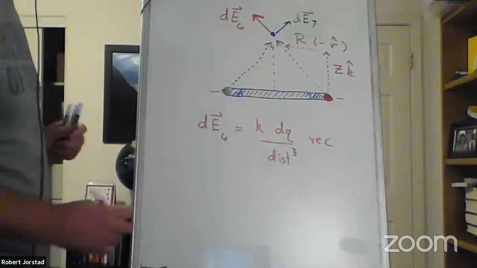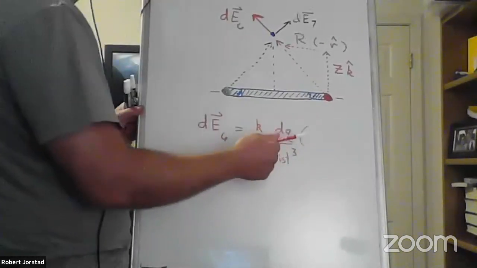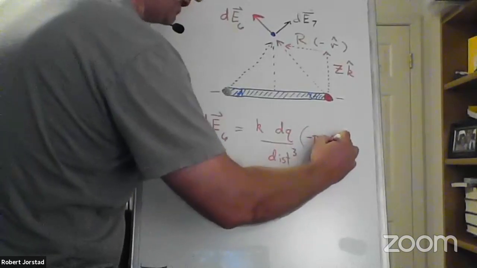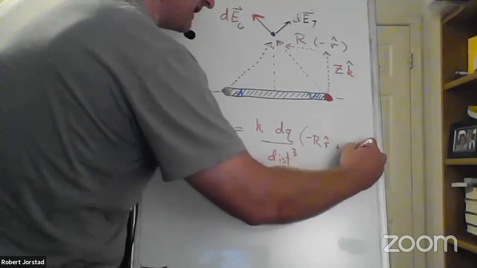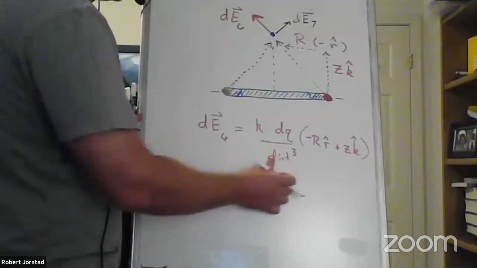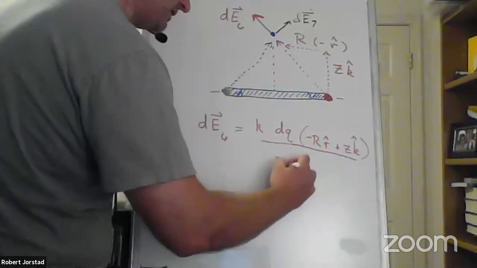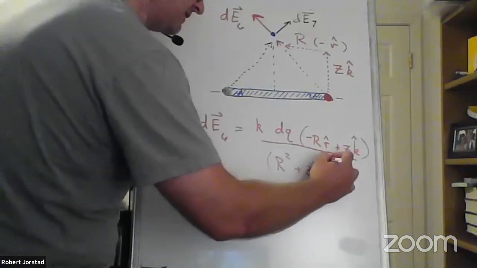All right. And so in this case, the vector is going to be negative r in the r hat plus z in the k hat. And the distance, I think, is going to end up being r squared plus z squared to the 3/2.